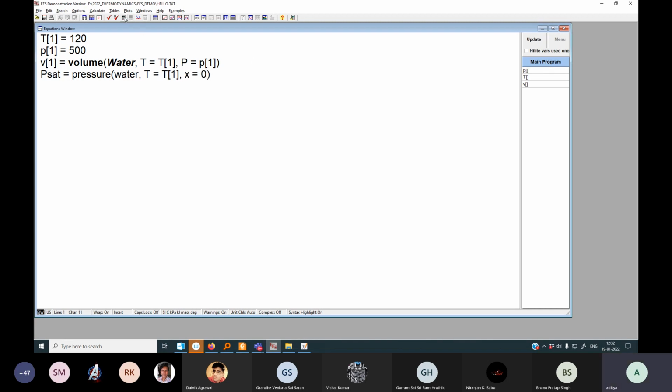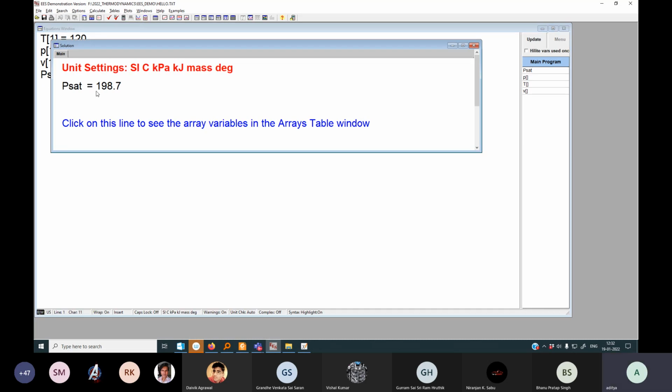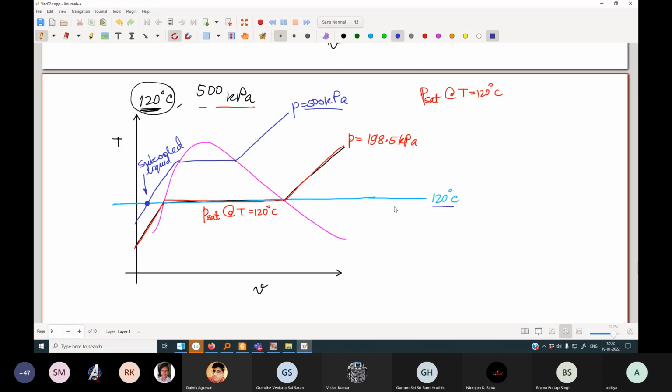This will give me the saturation pressure. So P sat is 198.7 and it was 198.5. The small differences are because the computerized tables are using higher order interpolations internally, so they give you better values. All right, is this clear?